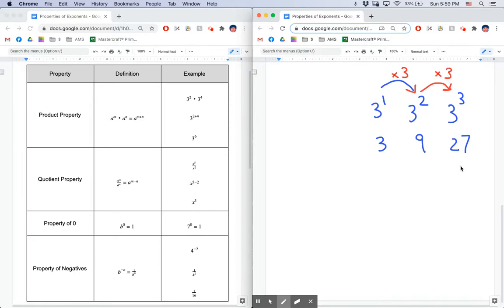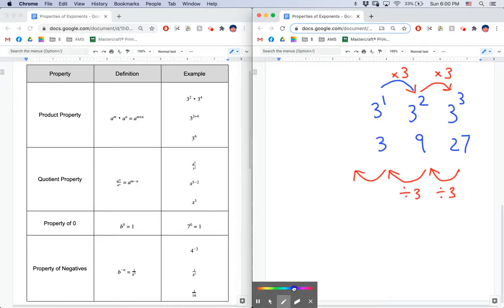The same is true if you go backwards. If you're multiplying by 3 going to the right, that means if you take 27 and want to get to 9, we must be dividing by 3. If you're getting to 9 and going to 3, you must be dividing by 3. So there's no reason to believe that the pattern is going to change even when we get to these 0 and negative exponents.